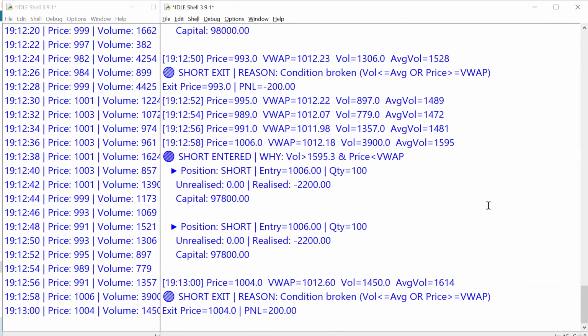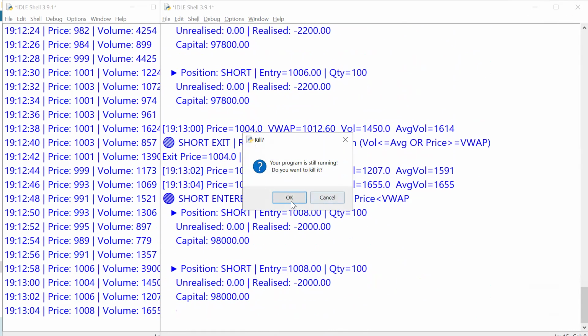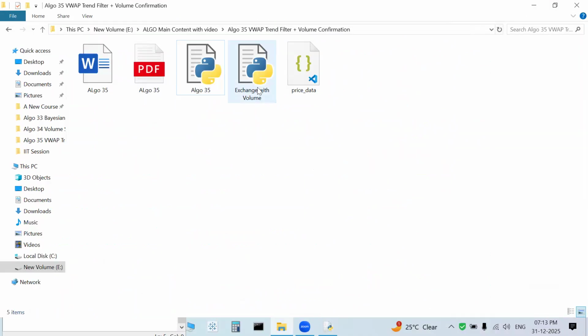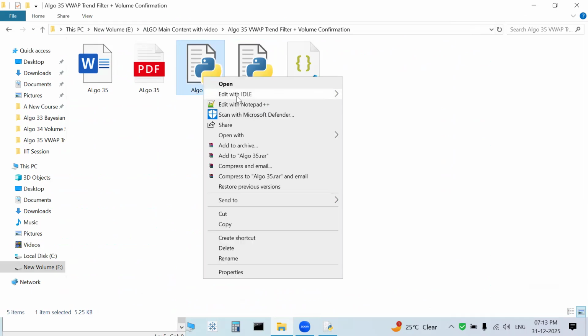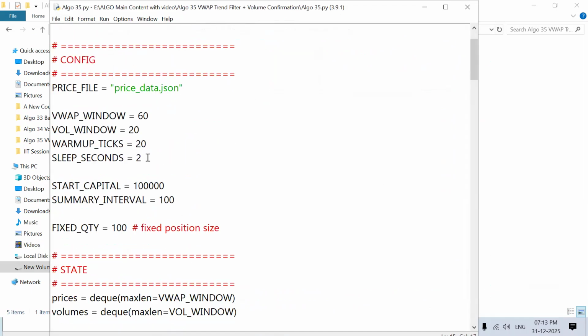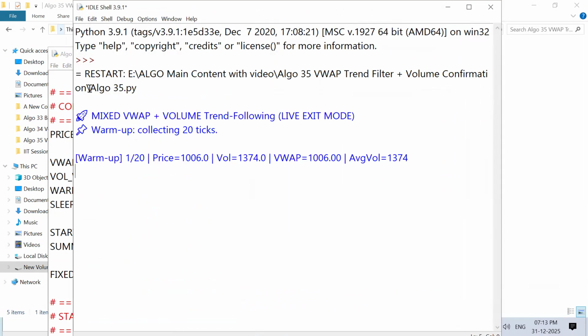Okay. Let me create some more delay in the simulation so that we can check out what is happening in the calculation. So I have put a delay cycle of 2 seconds. Let me make it 2.5 at least so that we can check what is happening. So again, it is going to collect the 20 prices from the market.